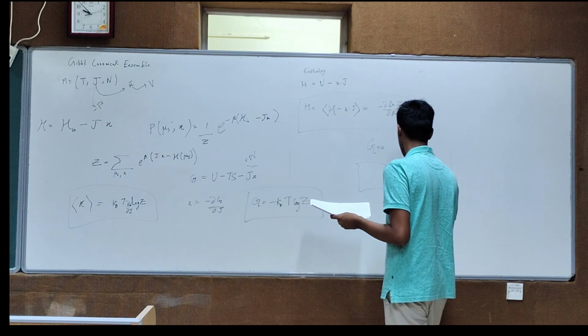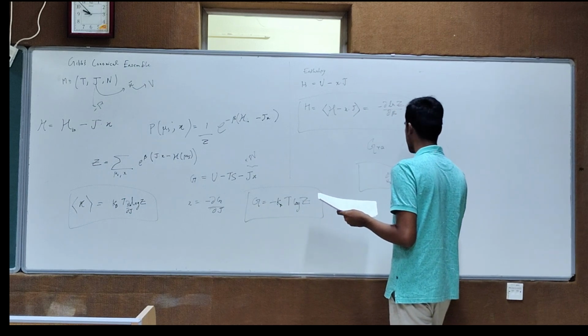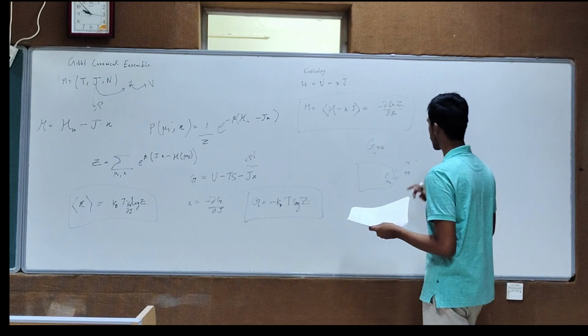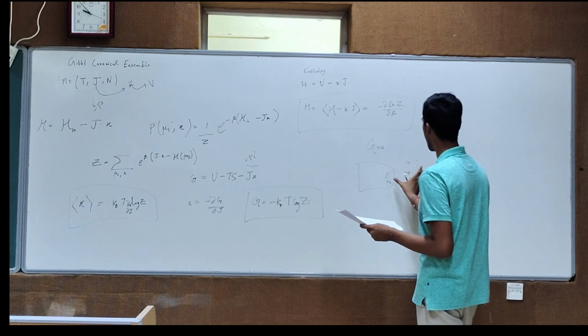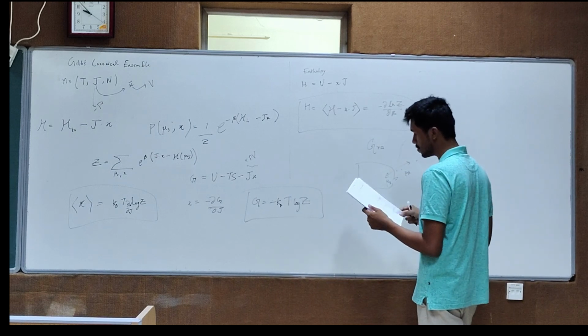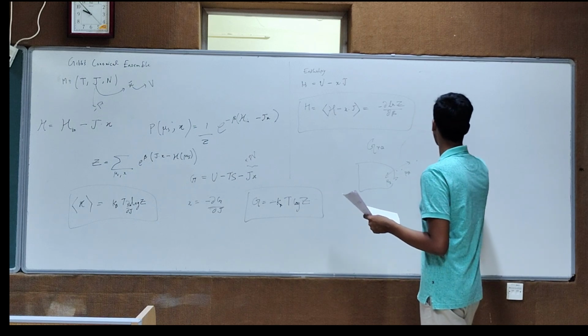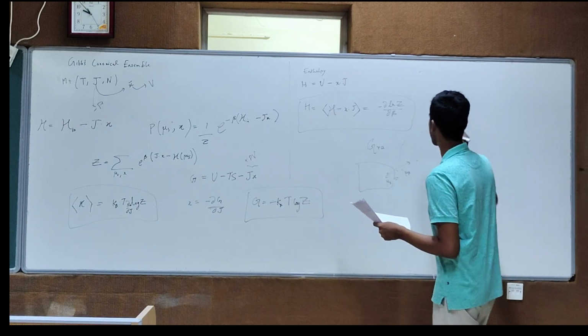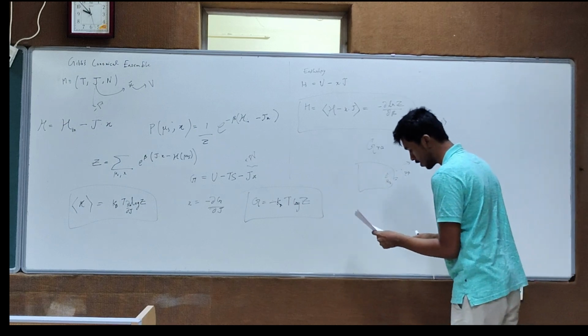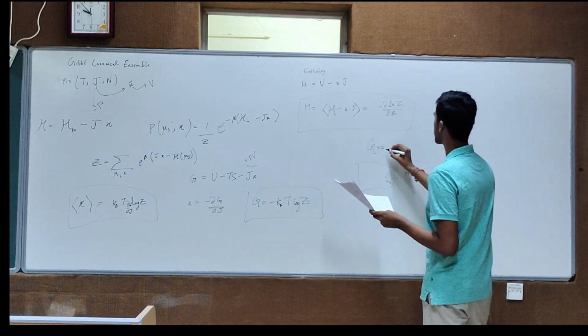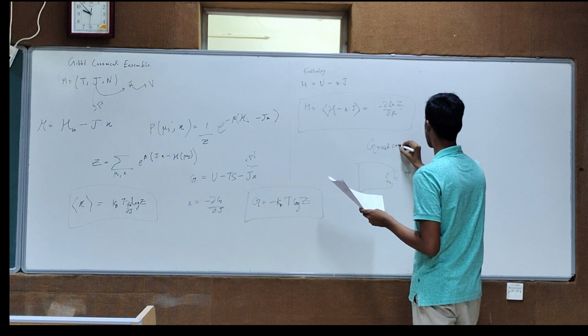The chemical potential in the system and in the reservoir are the same. There would be some exchange of particles, and so these two are in equilibrium. You would have a fluctuating N, and you can find the average value of N. So this is the grand canonical ensemble.